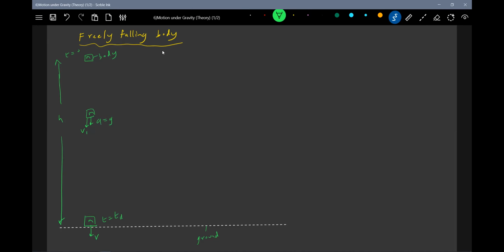So how to calculate? Shall we apply equations of motion? As the acceleration is uniform, in place of a, g will come into the picture. Therefore the formula will be v equals u plus at.